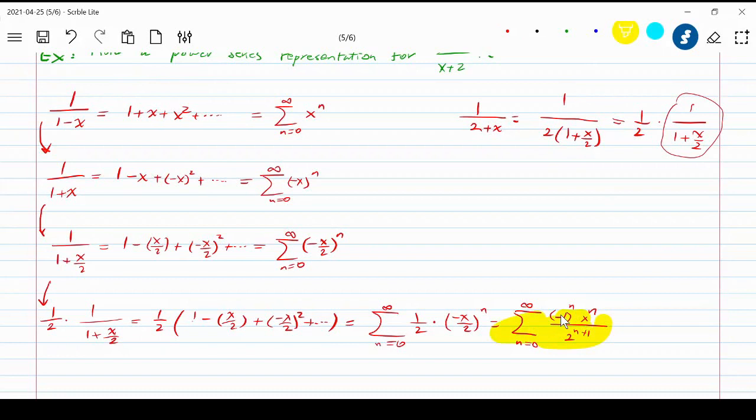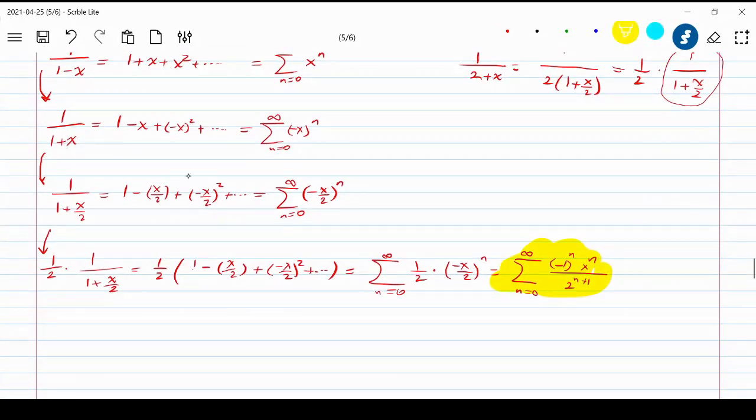This is the power series representation of 1 over 2 plus x: it is exactly the same as summation n from 0 to infinity of negative 1 to the n, x to the n, divided by 2 to the n plus 1. And what is the convergence interval?